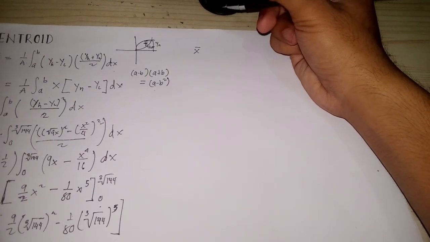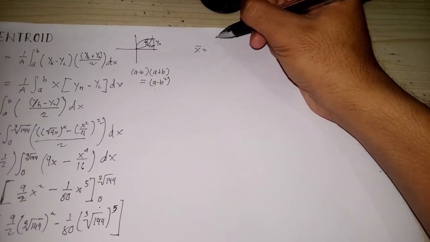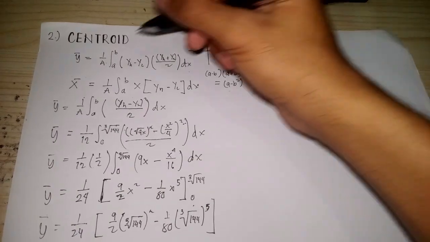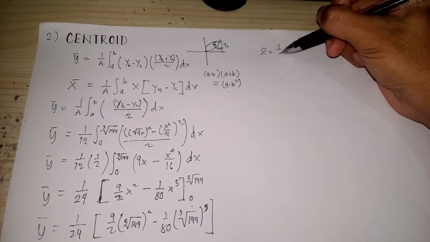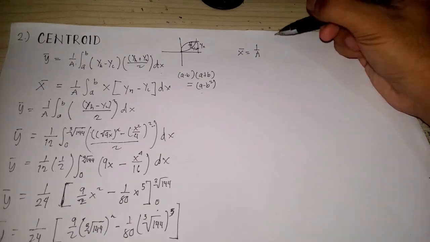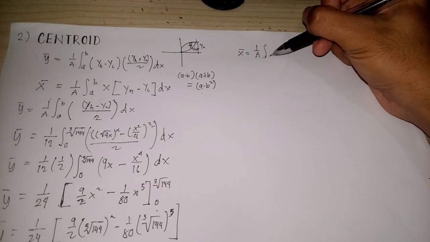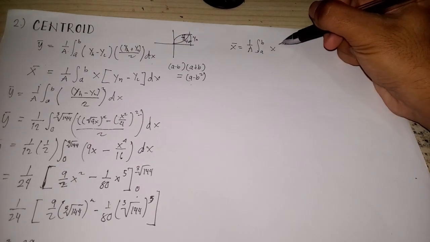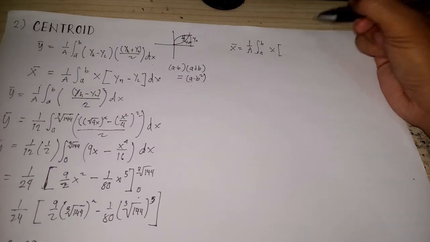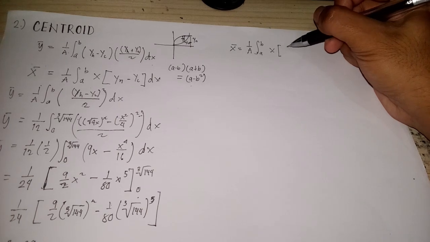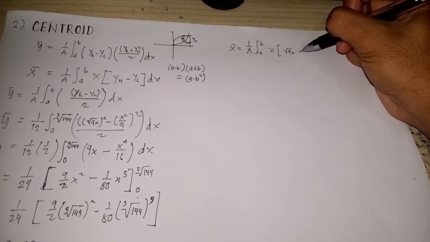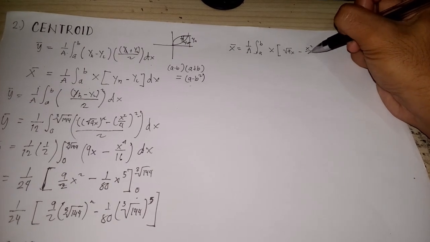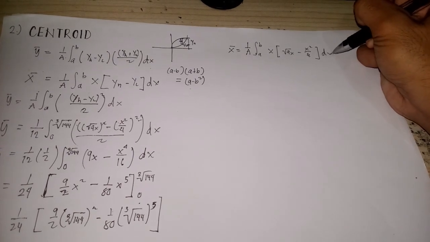Our formula for bar x is 1 over a, the integral from a to b, x times y high minus y low. So our y high is square root of 9x minus our y low, x squared over 4 dx.